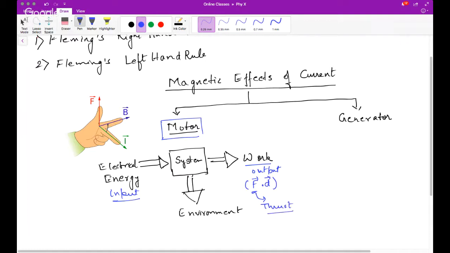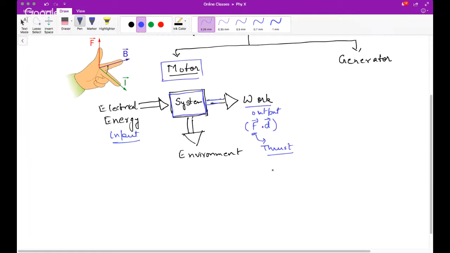Right? So when electrical energy is supplied to the system of a motor, what are we getting? We are getting some work. And how is that work produced? Because some force is getting generated because of this conversion of electrical energy into work, and that is how it manifests. So if you see a fan rotating above you, what's happening?